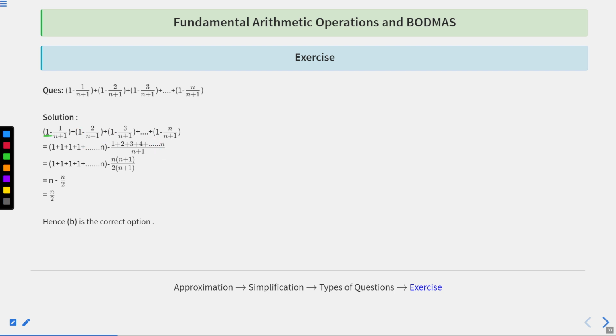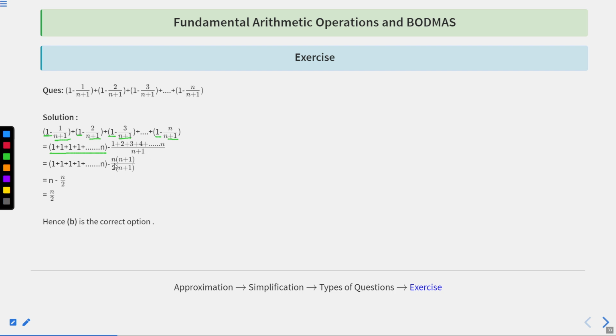So 1 is repeated here, here, here, and here. We can club all these ones, and these are written n times. So we can write it as 1 plus 1 plus 1 plus 1, n times. And for the rest, you can see n plus 1 is in the denominator, and we can combine all of them to write 1 plus 2 plus 3 plus till n upon n plus 1.